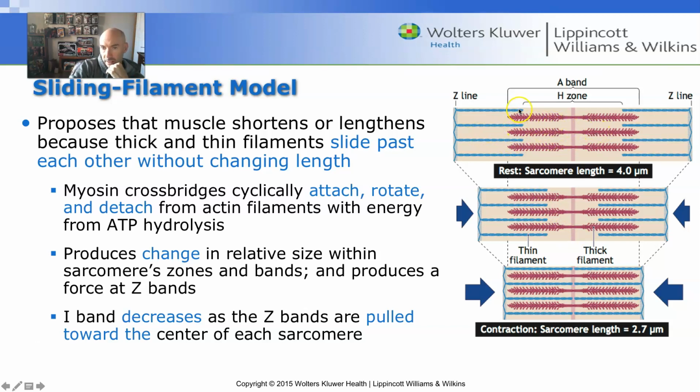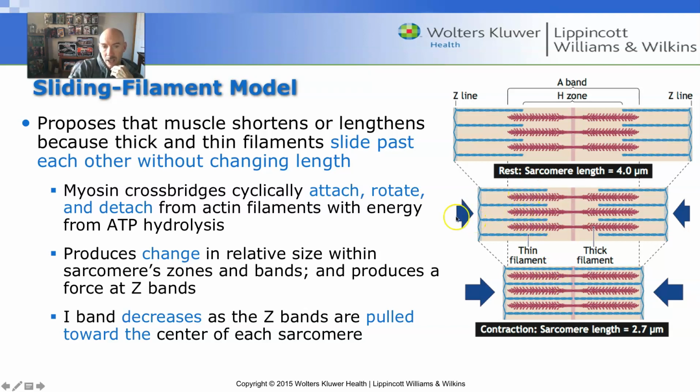Now notice there is some overlap, but there's plenty of room for movement. This at the bottom shows what a maximal contraction looks like, where we have full overlap, indicating every single myosin would be in contact with an actin, okay?